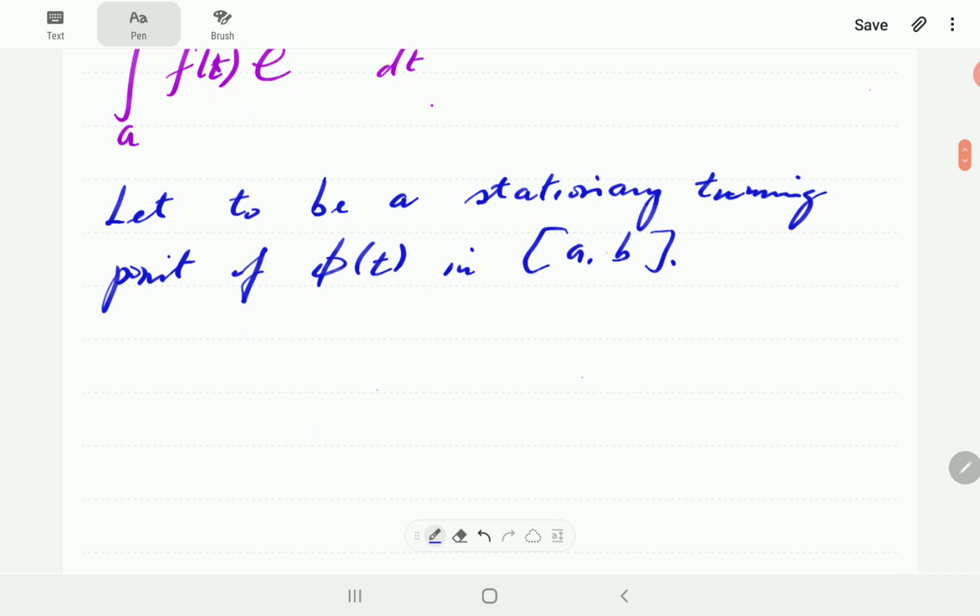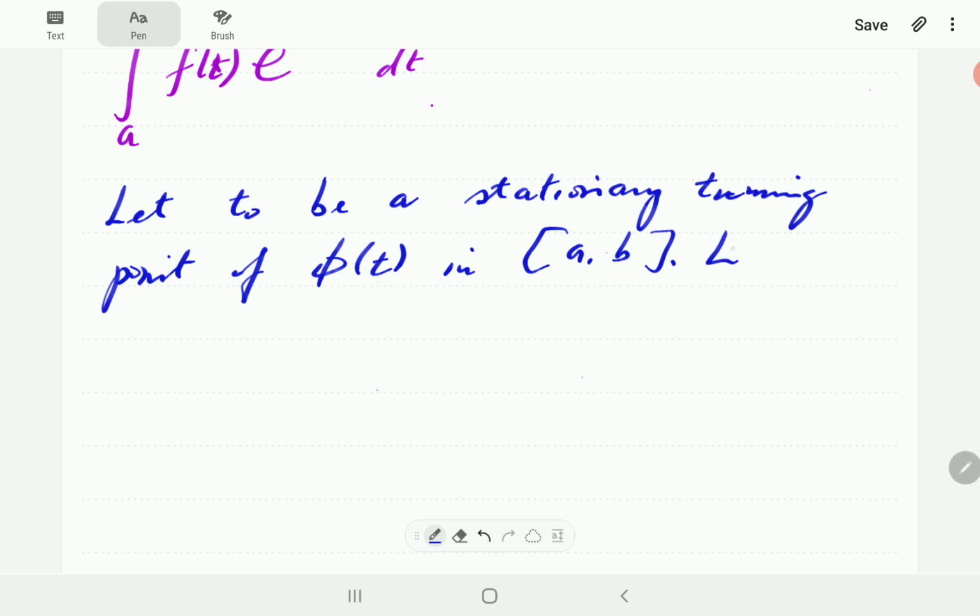Then we are going to expand both f of t and phi of t in Taylor series about t naught.